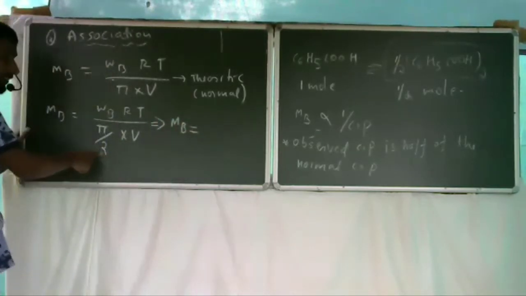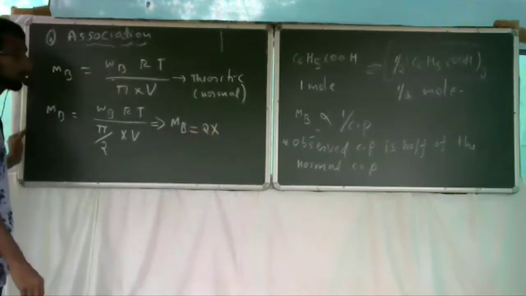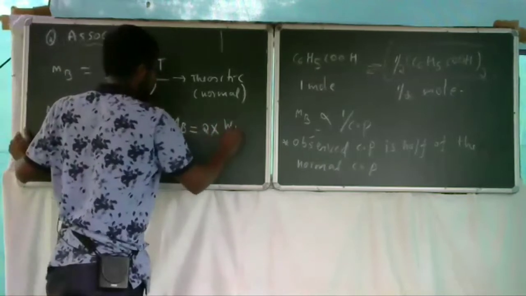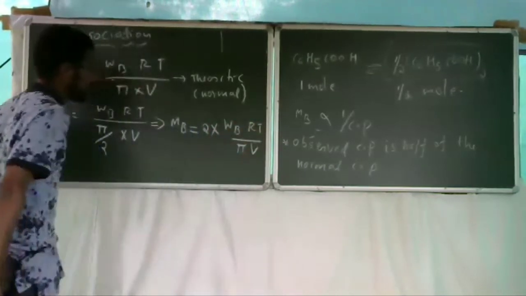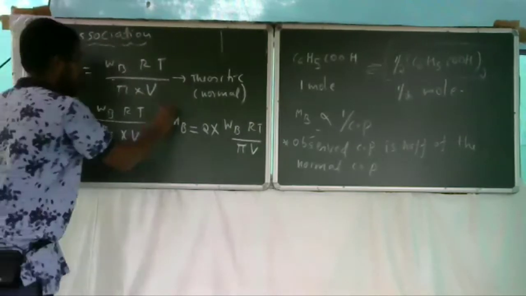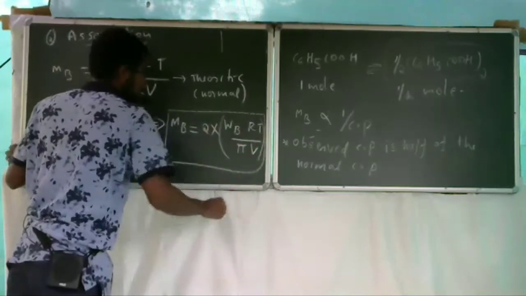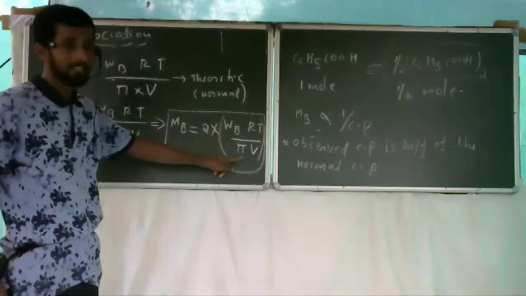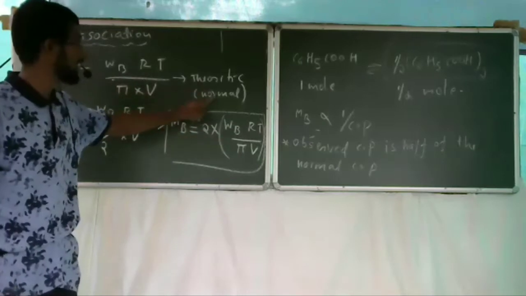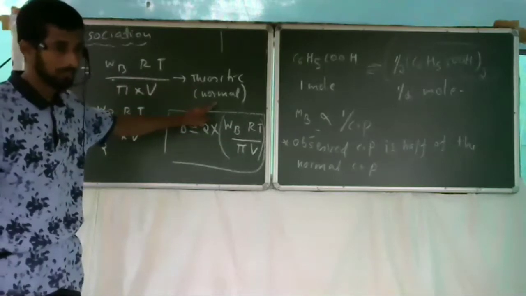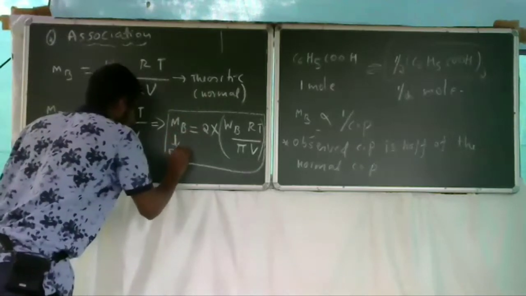In the equation Mb equal to, that 2 is in the denominator, so it will go to the numerator, that is nothing but 2 into Wb RT divided by pi V. What is this Wb RT divided by pi V? It is nothing but theoretically calculated molar mass. What is this Mb? This one is nothing but experimentally calculated molar mass.